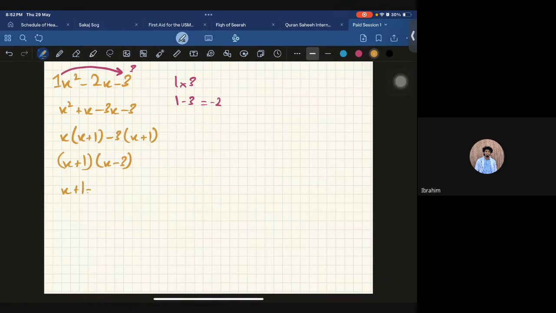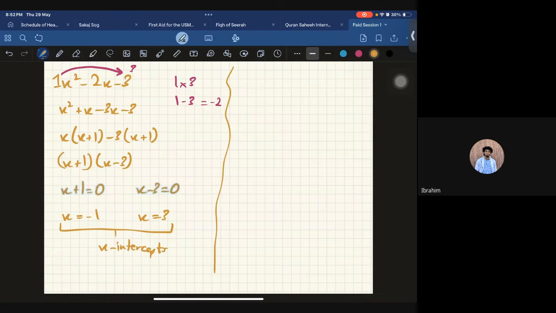So x plus 1 equals 0, x minus 3 equals 0, x equals minus 1, x equals 3. Okay. So we've gotten the x-intercepts. Now what do we need to do to find the turning point?